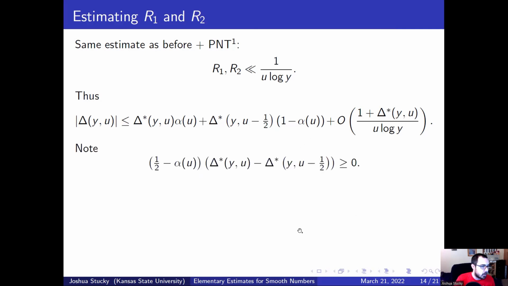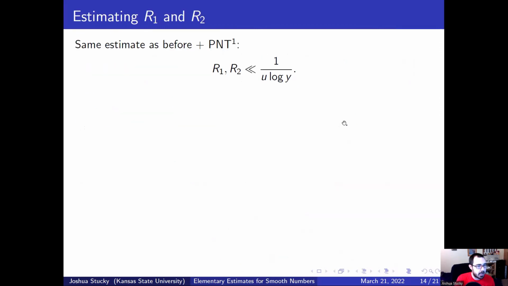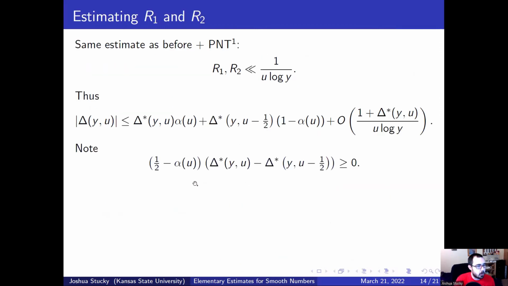So the thing to note is I have this identity. So alpha of u, I can just go back and say what this is bounded by. This is bounded by a half, if you just work it out with a u here. And so this first term is positive. Delta star is monotonic, so this is certainly also positive.